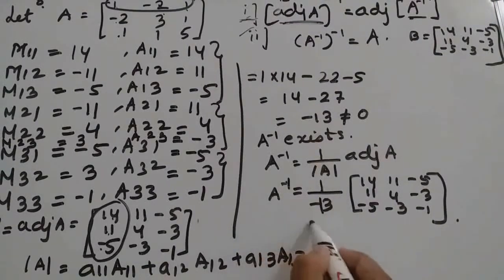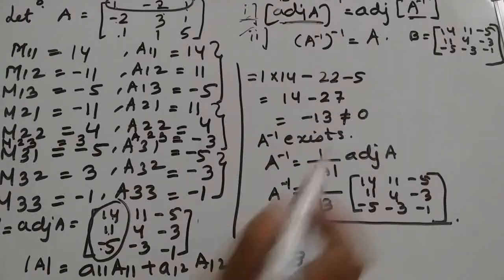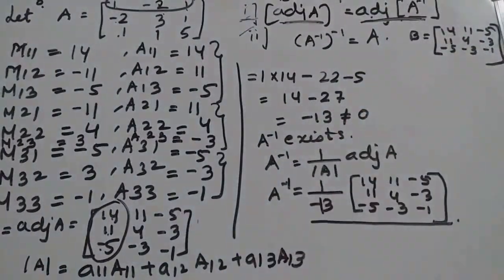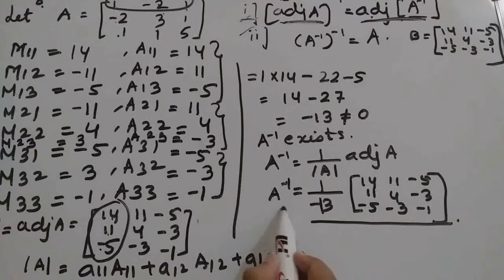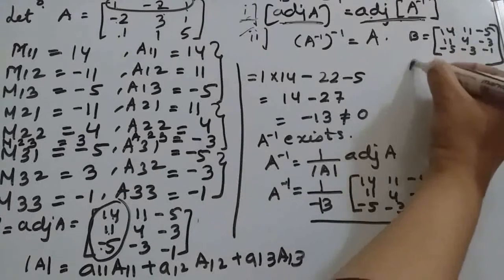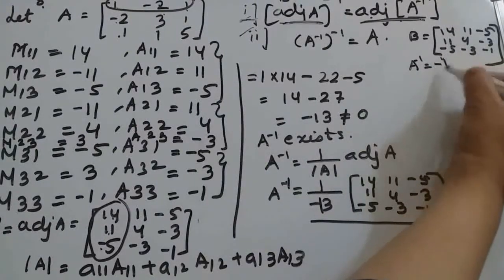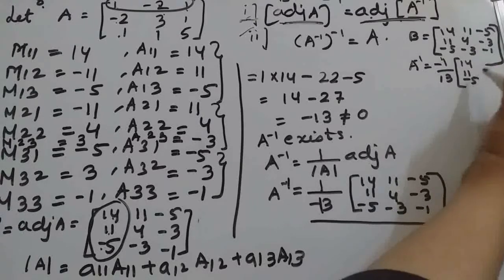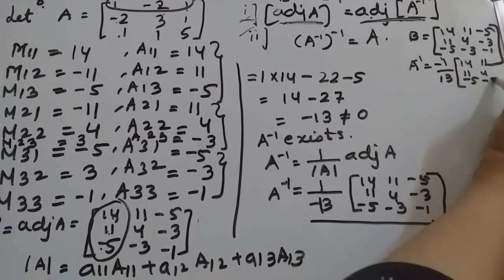Adjoint of this we should find because RHS of our expression is adjoint of A inverse. That means we should find minor and cofactor of this matrix, isn't it? So A inverse also I will write somewhere. We need this matrix also later.